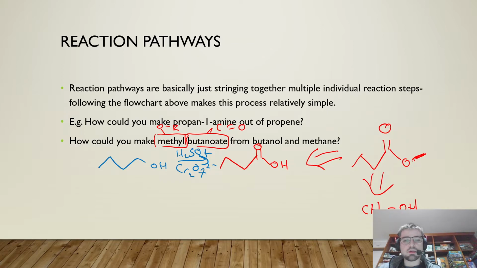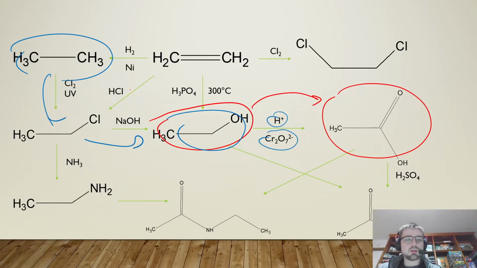And I used the wrong color for that. All right, so for our other one, we've got methane, we're going to methanol. So let's look back one step. Okay, we're going to need to have gone from chloromethane.